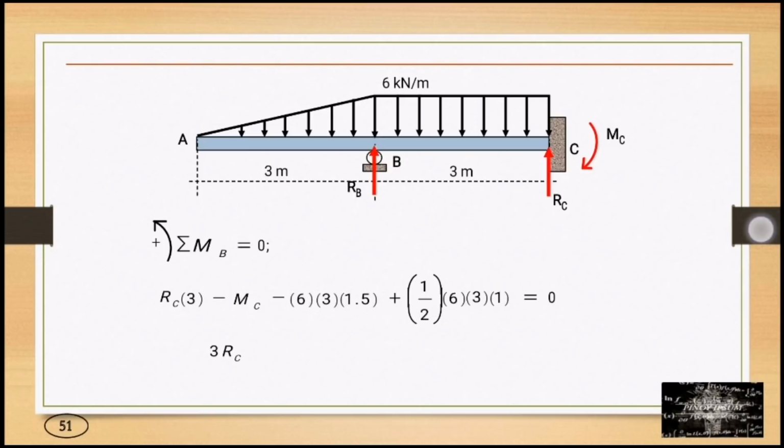So, 3RC minus MC is equal to 18. This is equation number 1.